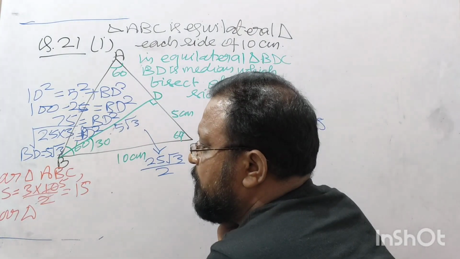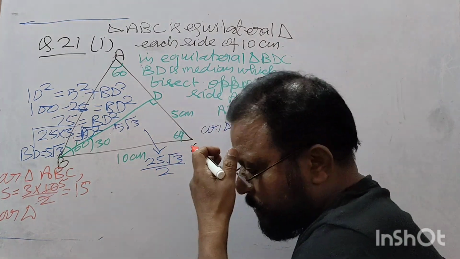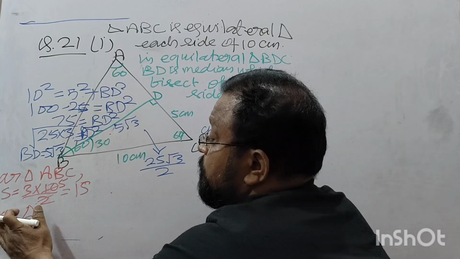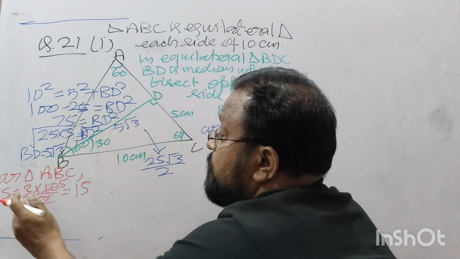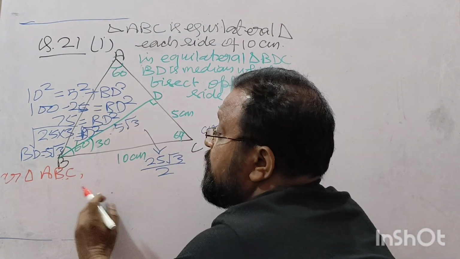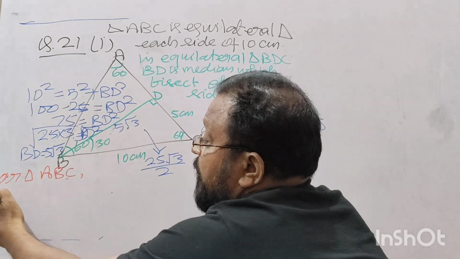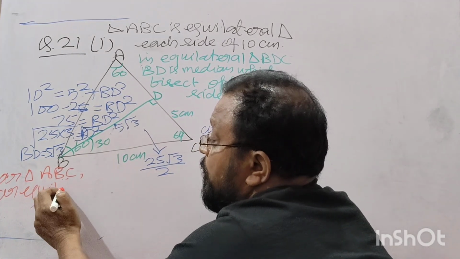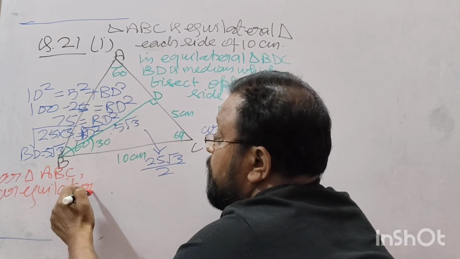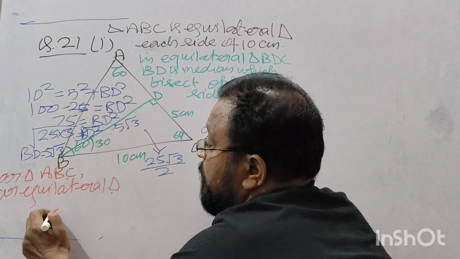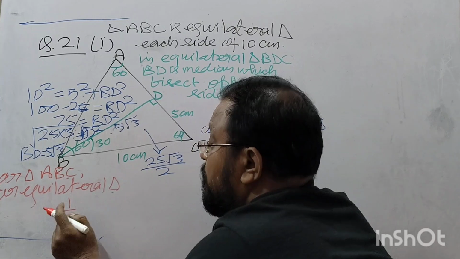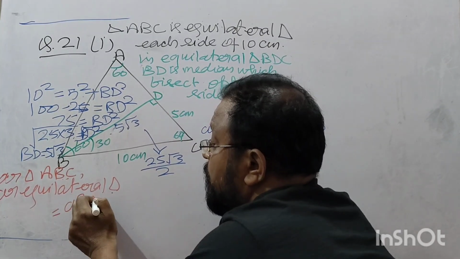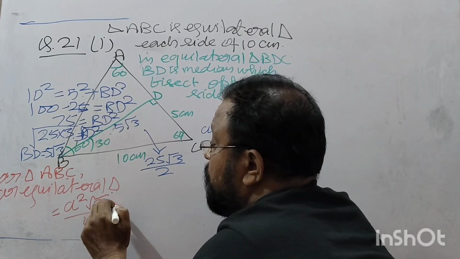Area of triangle ABC is area of equilateral triangle, which is equal to a square root 3 by 4.